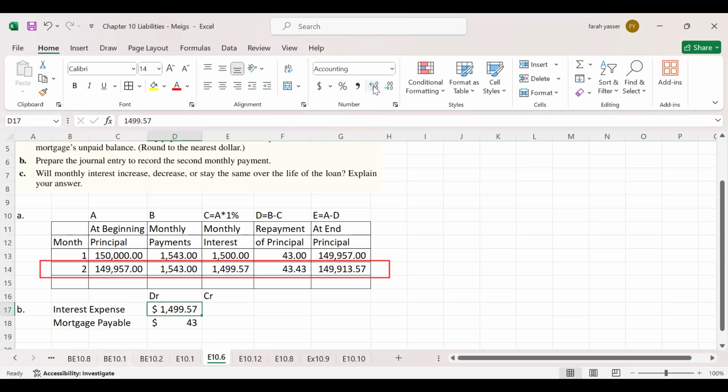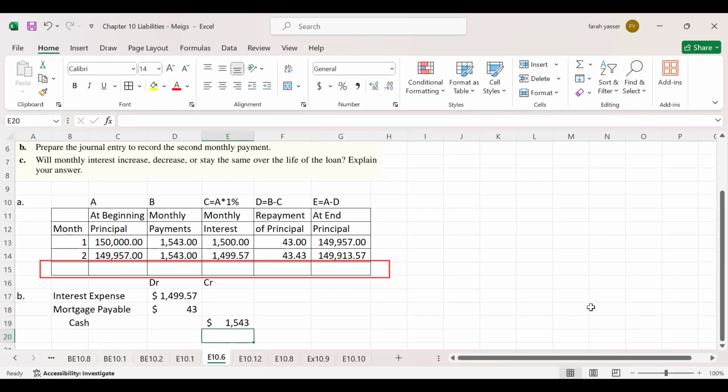Take the amount to two decimal places. Then the total cash paid, so the cash payment, which is your second installment, is 1543.